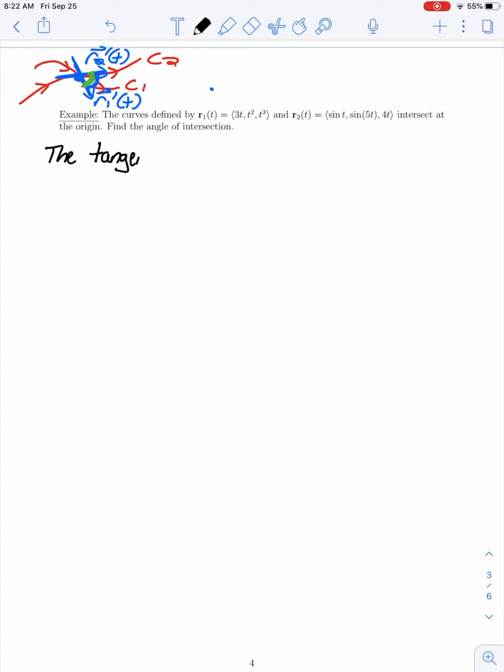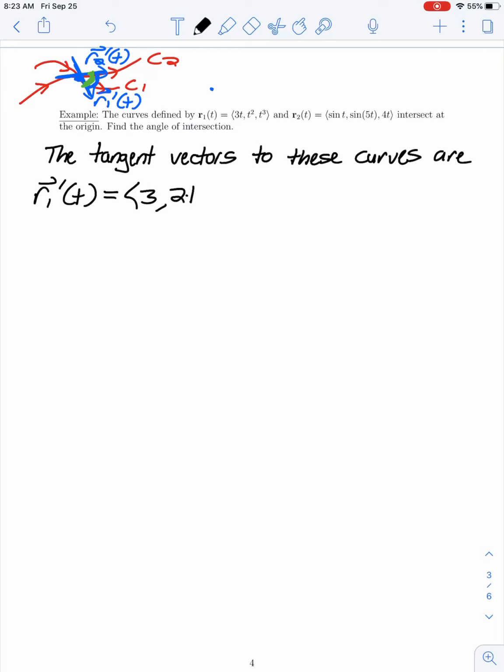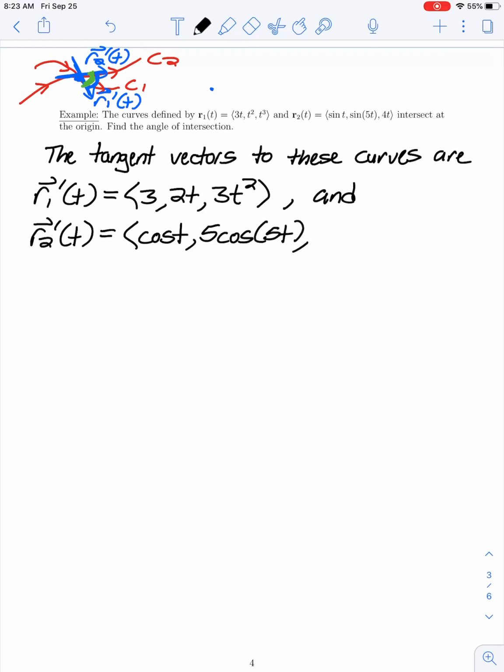So here I'll say the tangent vectors to these curves are given by r1 prime of t, whose first component would be 3, second component is 2t, and the third component would be 3t squared, and r2 prime of t, which would be given by cosine of t, 5 cosine of 5t, and 4.